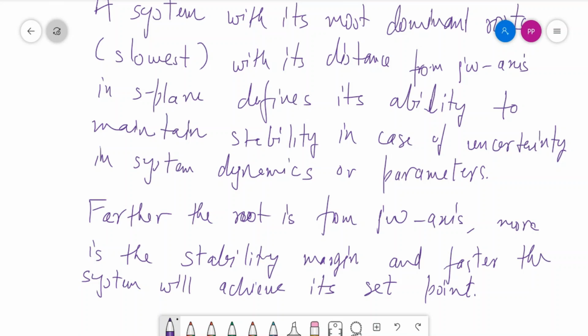So this can be compared by drawing the S-plane and placing the poles of the system and seeing how the response will be in time domain, and then checking the response of the same system in frequency domain using polar plot as we have done today.